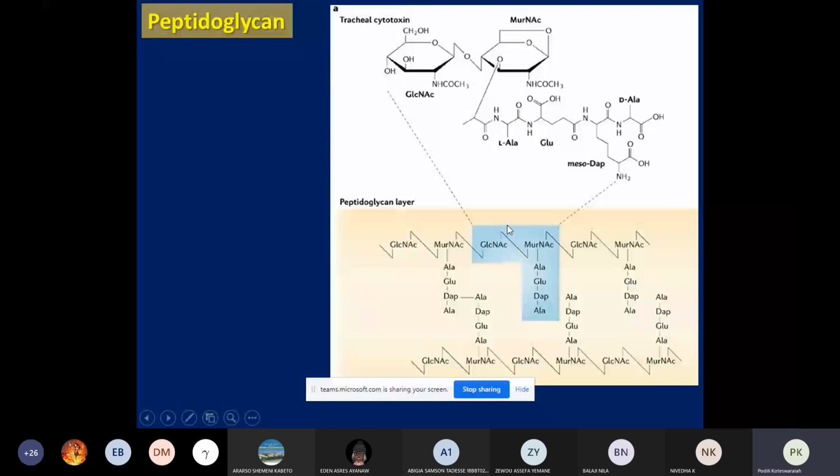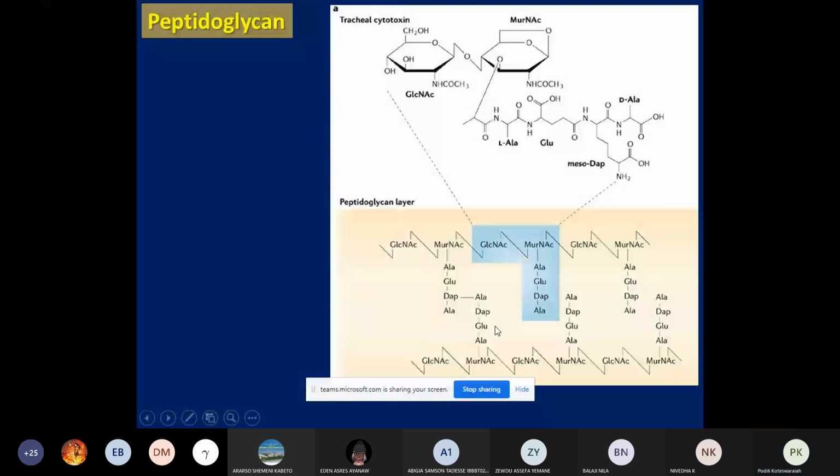If one NAG and NAM layer is not cross-linked with another NAG and NAM layer with a short peptide, the peptidoglycan becomes very loose. That's why this cross-linking is very important for the peptidoglycan.